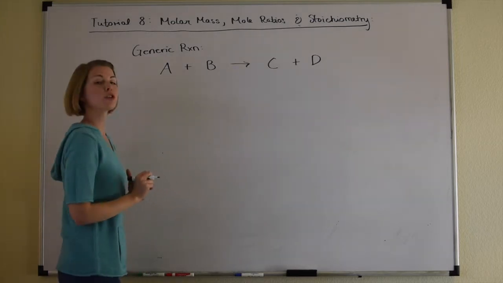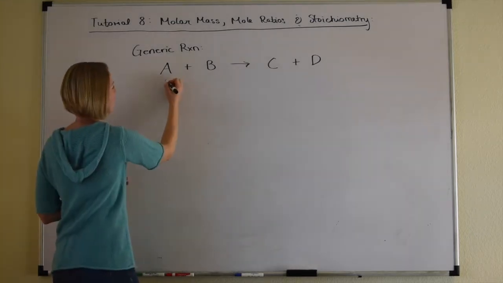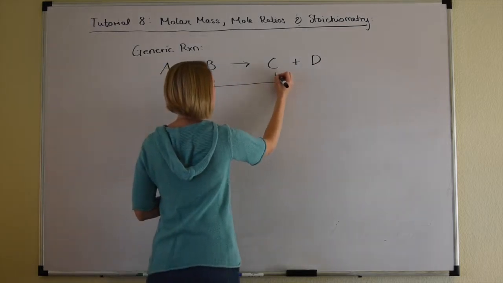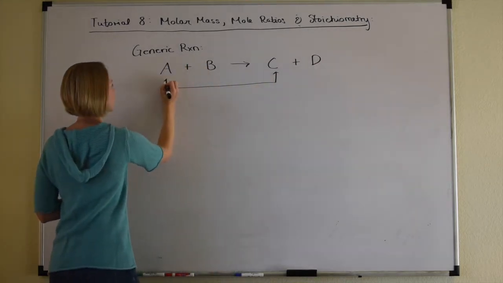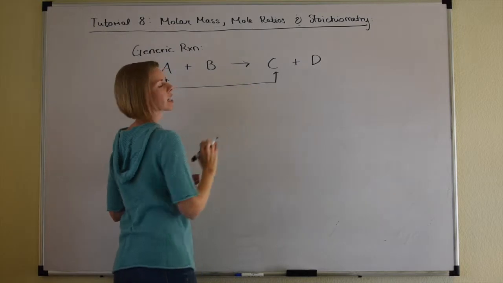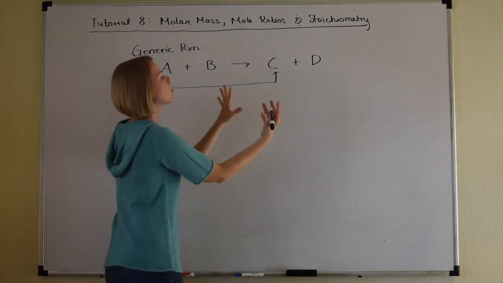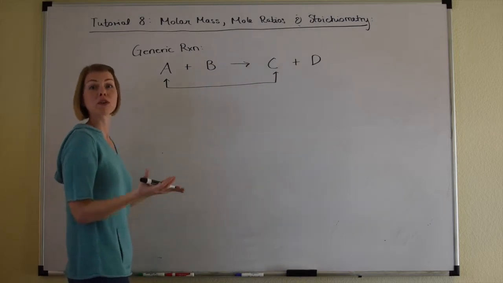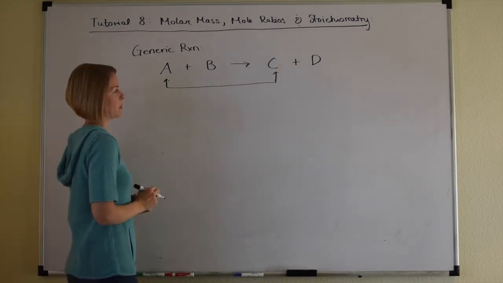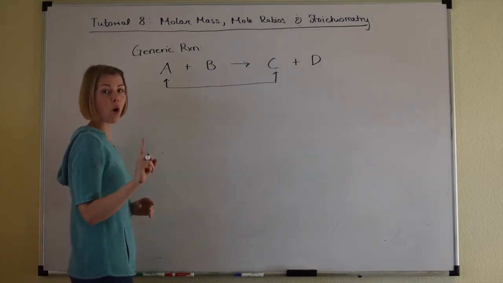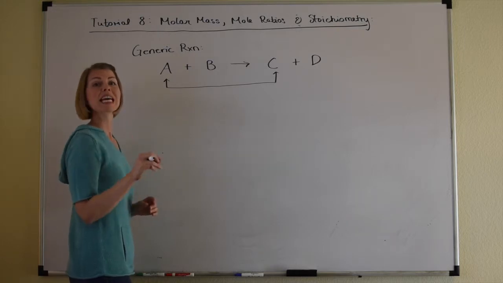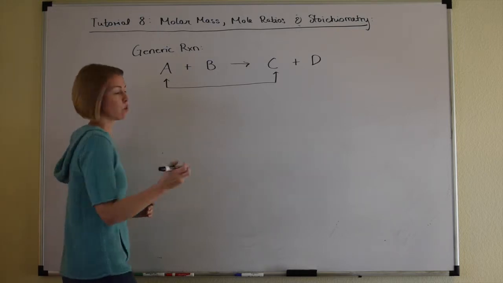Okay, so if you want to quantitatively relate, let's say, reactant A to product C. You want to know, if I react this many moles of A, how many moles of C am I going to get? You want to do some quantitative relationship there between A and C. The only way you can do it is through the mole ratio.